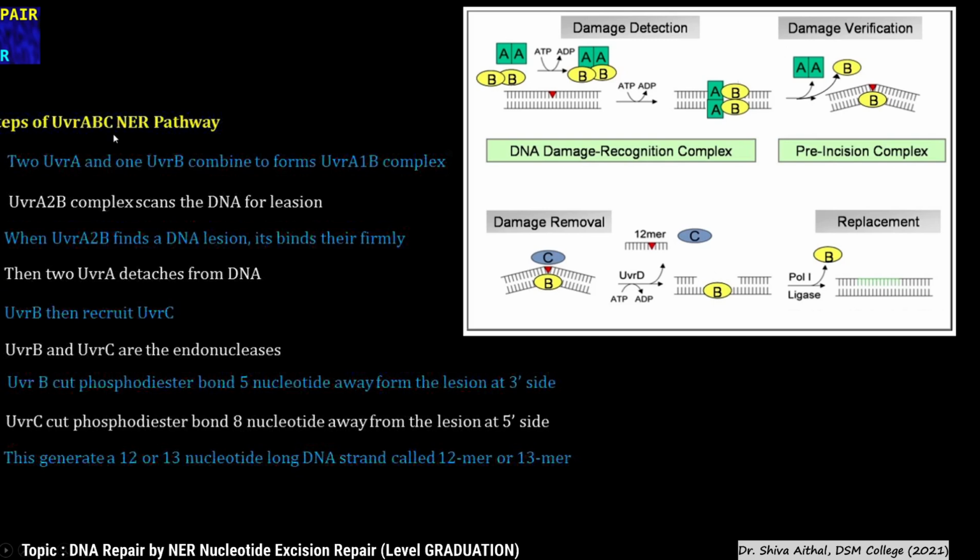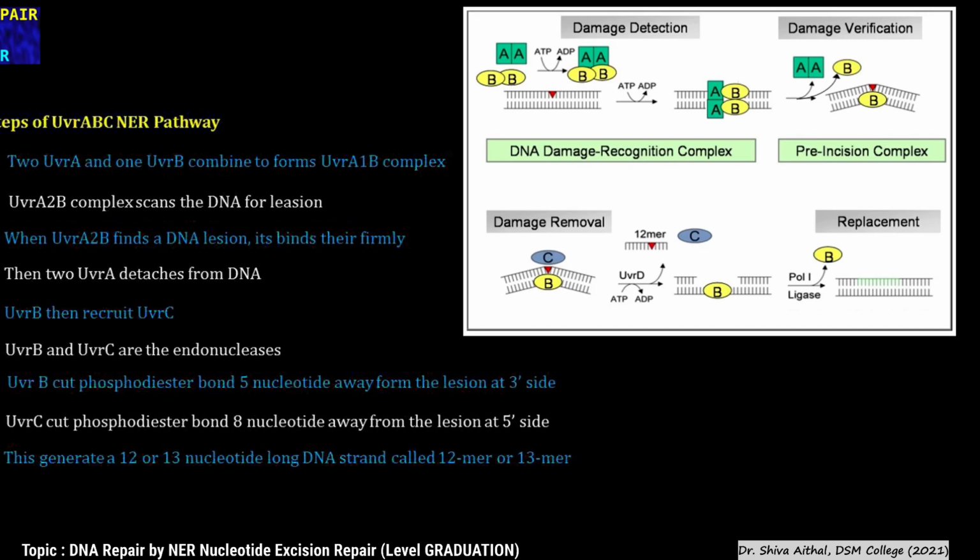So if you see the steps of the UvrABC NER pathway, as it is popularly called, UvrABC is the enzyme, NER, nucleotide excision repair, is the mechanism, the pathway. So we will split it into as many steps as possible for your better understanding and note-taking.